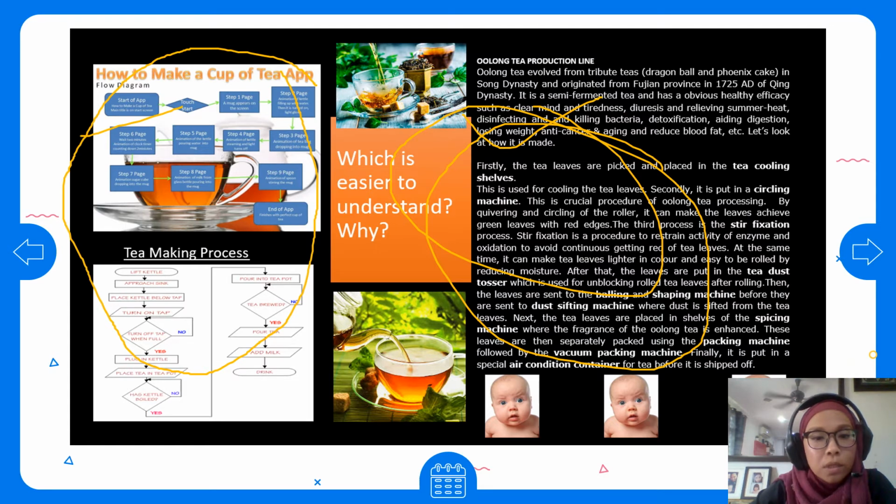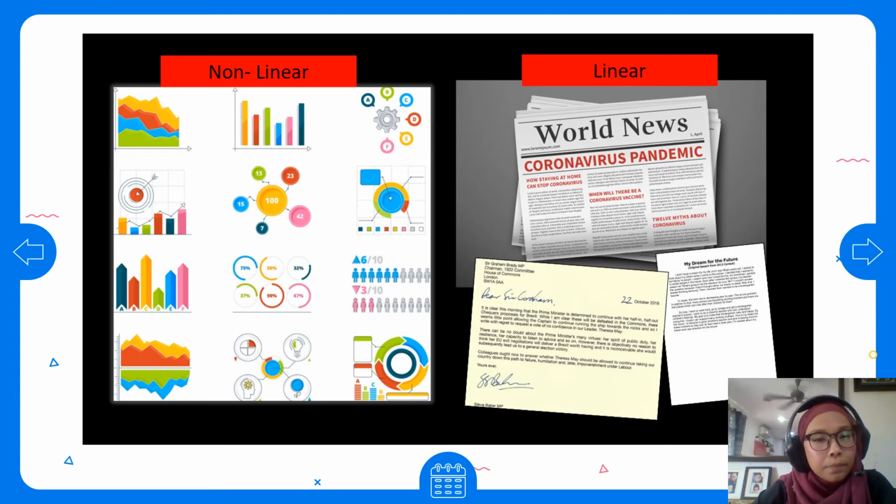So which one is easier to understand? It is the flow chart, because you can see the stages one by one. You can see what is happening in this stage, what happened, and where it goes. But this one is quite difficult for you to understand. You cannot see a clear picture of what is happening in the process.